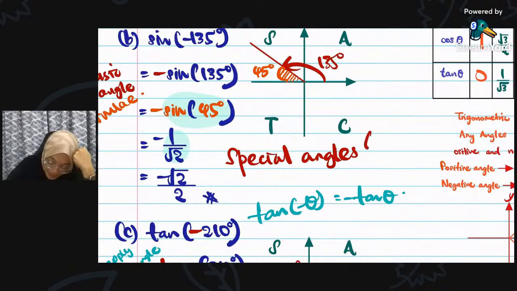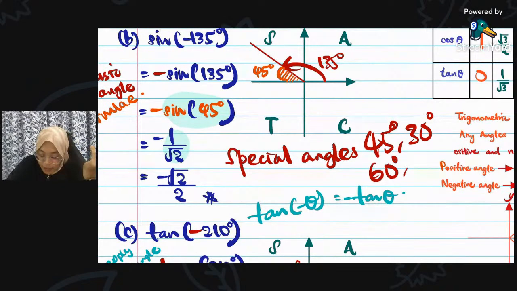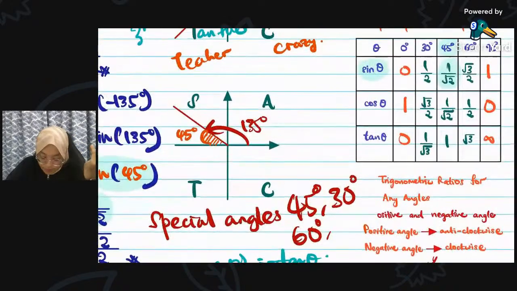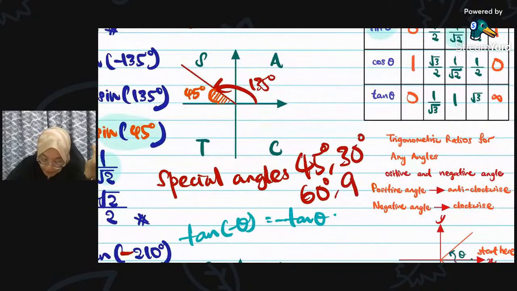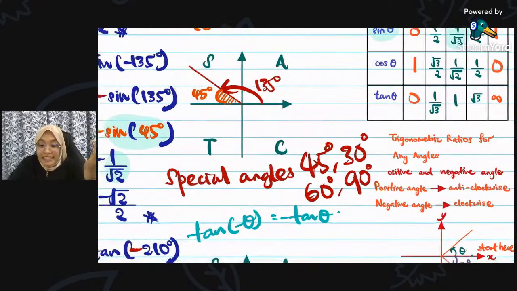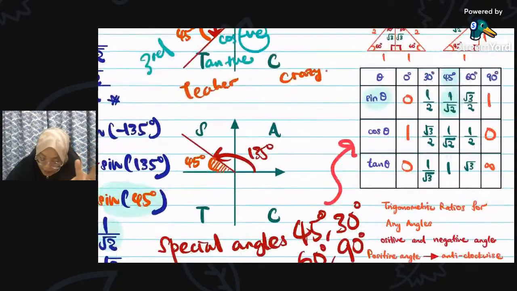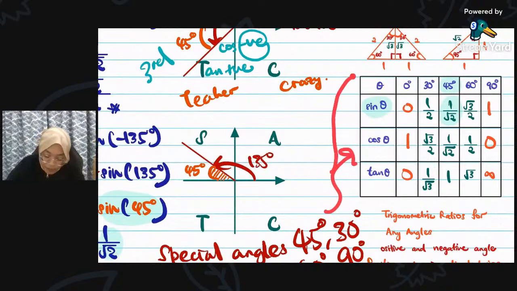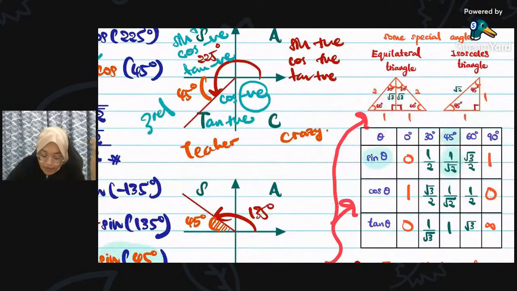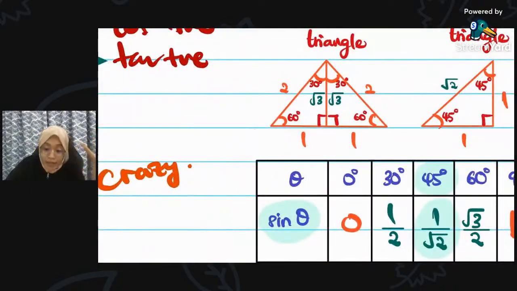So special angles ni sebenarnya 45 degree, 30 degree, 60 degree, and what else? Yeah, and 90 degree. So basically, special angles ni adalah nombor-nombor yang terdapat di dalam table ni. Dan nombor-nombor di table ni sebenarnya datang daripada right angle triangle, okay?